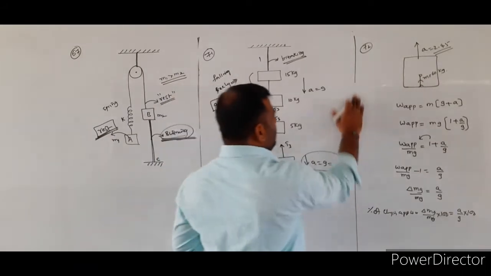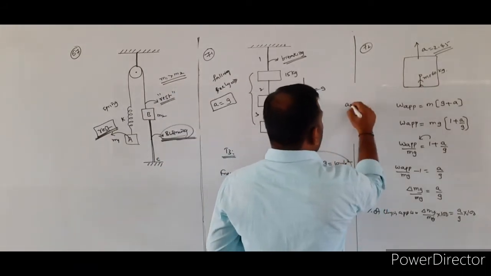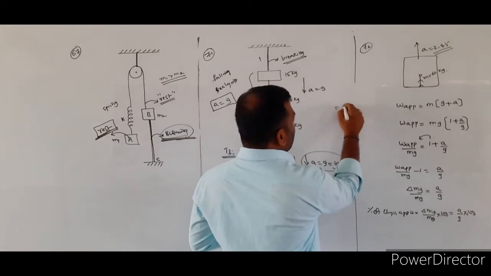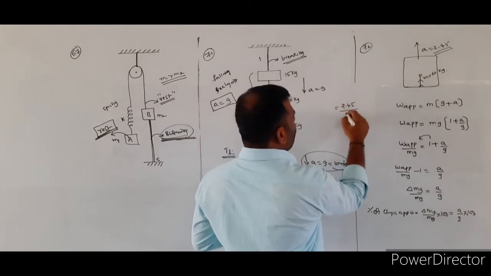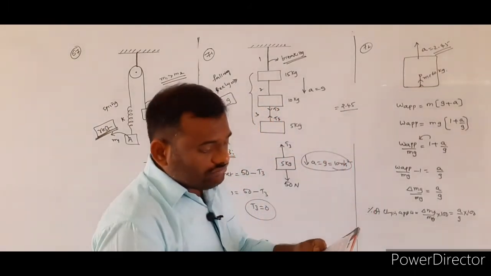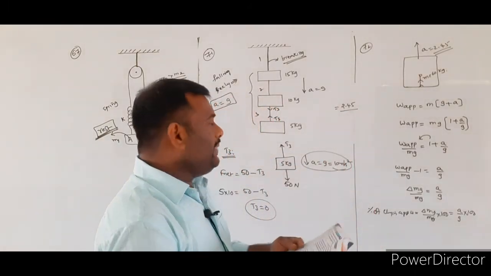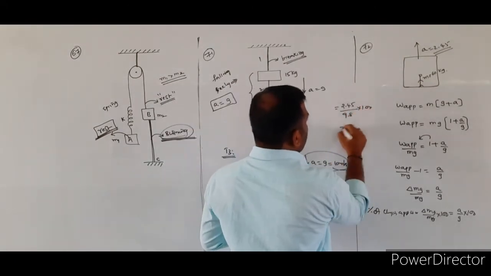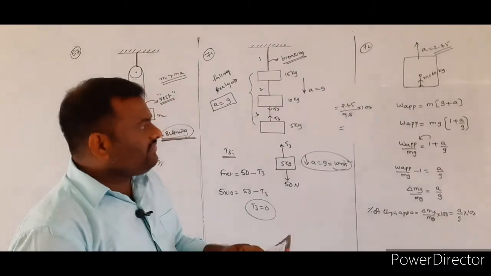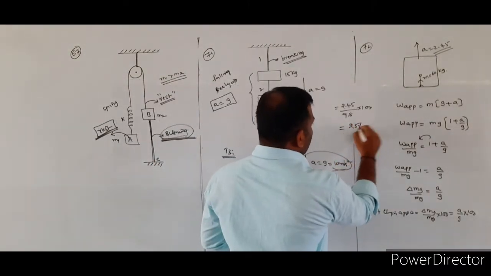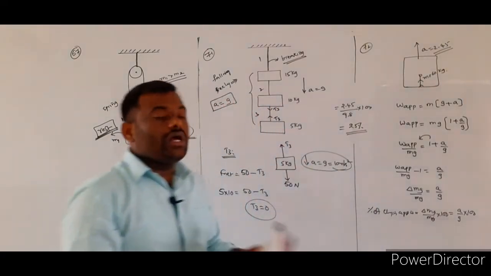What is the a value they gave? a is 2.45. Therefore a by g is 2.45 by 10, wait, the g value given here we take as 9.8, into 100. If you simplify, you get the answer 25%.